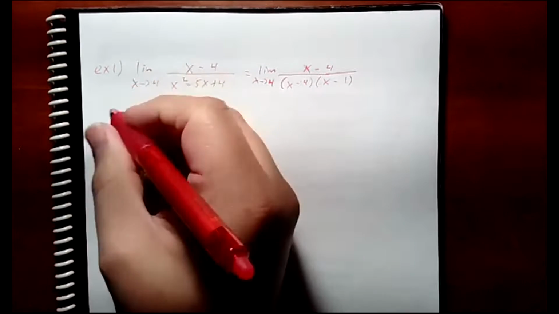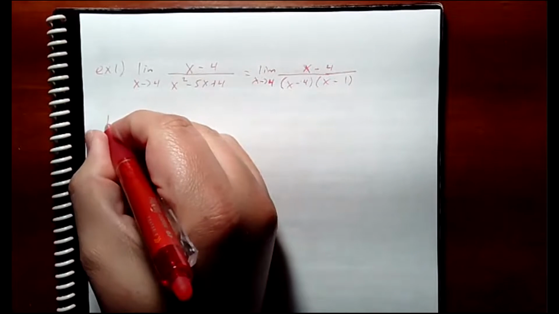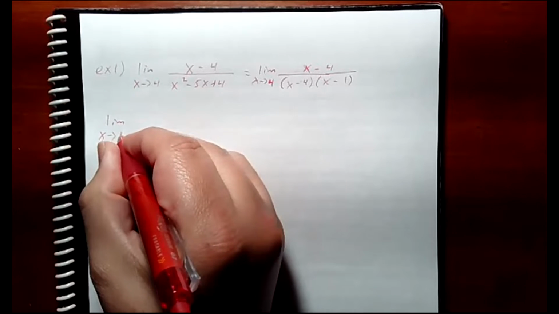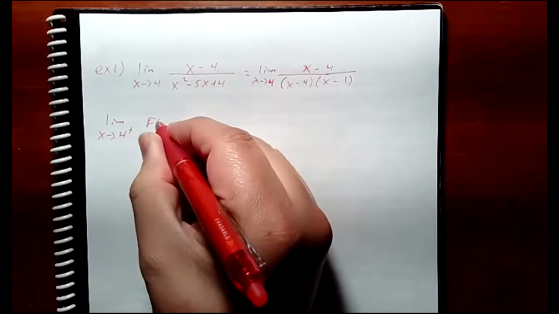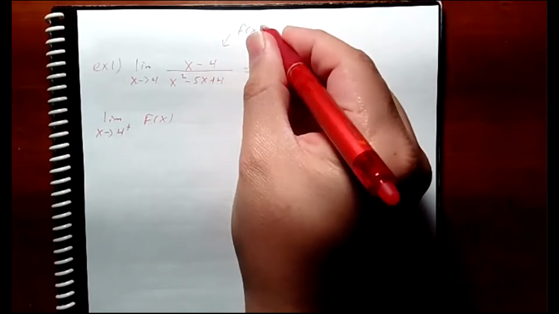So this is the notation. The limit as x approaches 4 from the plus side of some function, let's call this f right here, just to stop writing all that.